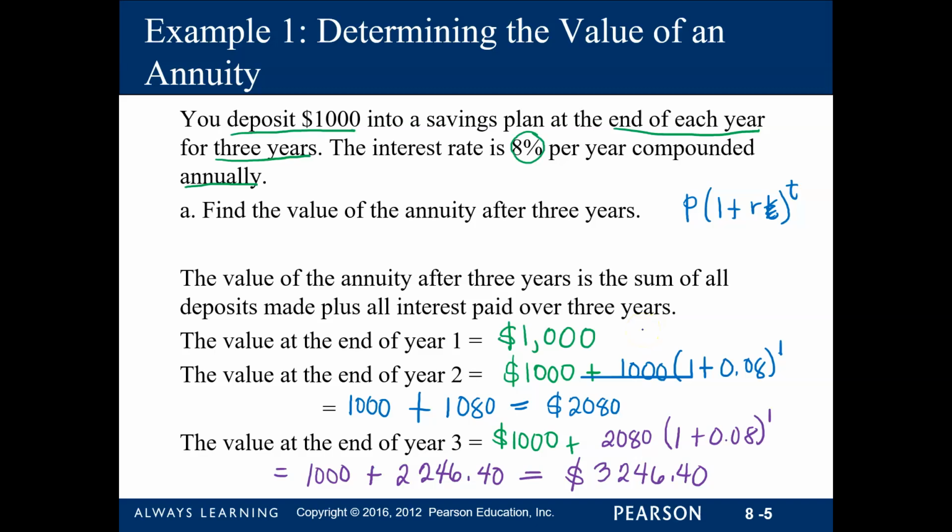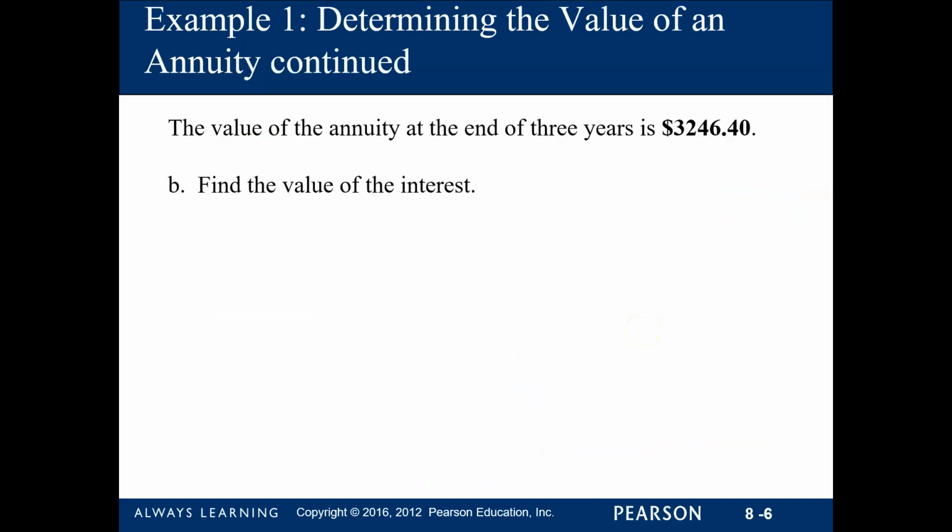So now the question is, find the value of the interest, okay? Now, for you to find the value of the interest, you're going to take the annuity, okay? Our annuity is $3,246.40. Subtract the total deposits, okay? Remember, every time you are putting in money or payments, you gotta subtract that.